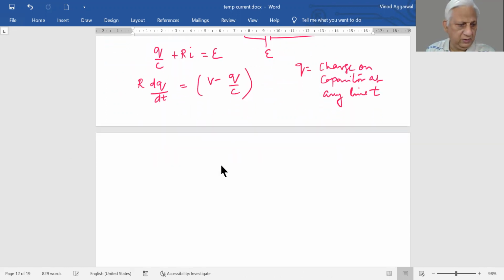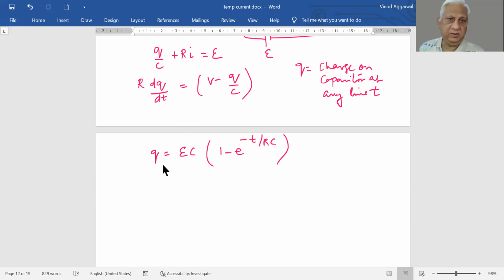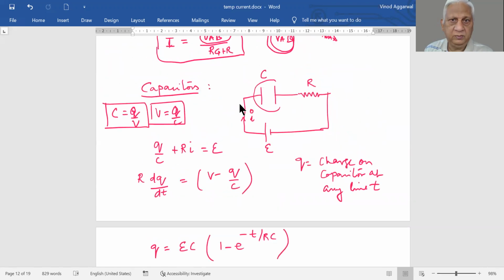If we solve this differential equation, we will get Q as EC, which says Q acquired during charging from time 0.